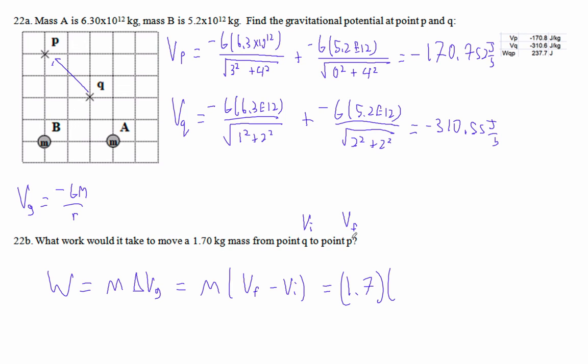And then our final is point P, minus our initial. So 1.7 times parentheses that guy, minus this guy.